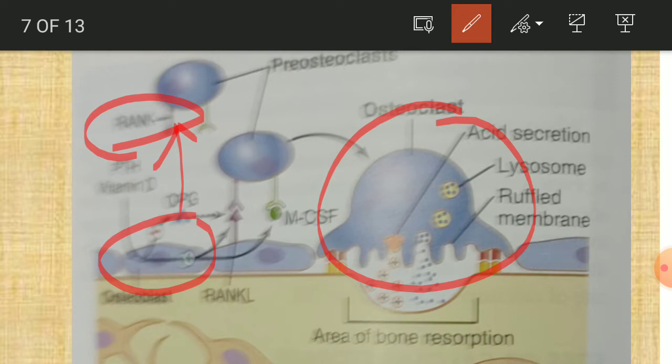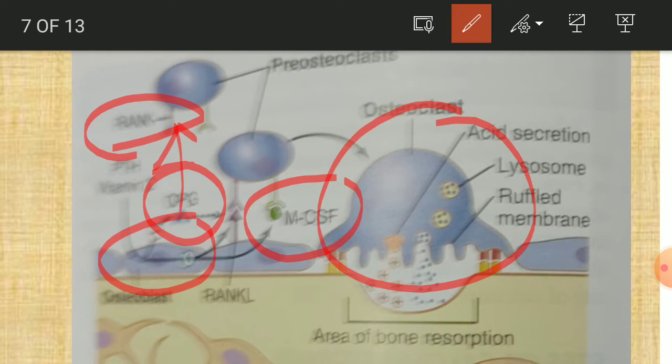PTH. One of them is OPG or osteoprotegerin. Osteoprotegerin is an inhibitory substance that prevents interaction between RANK and RANK ligand, and thereby prevents fostering of osteoclast differentiation. So it prevents bone resorption in a single word. Another substance is MCSF, monocyte colony stimulating factor.